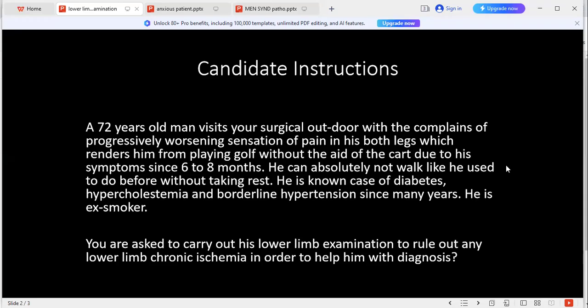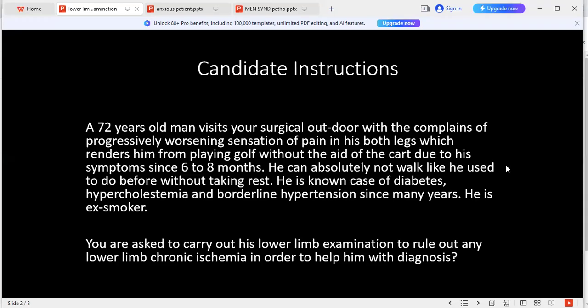First of all, I will do the examination. I will check tone, reflexes of the patient, and then check the sensations of the limbs. Reflexes will be delayed, and sensations will be altered. Very good.